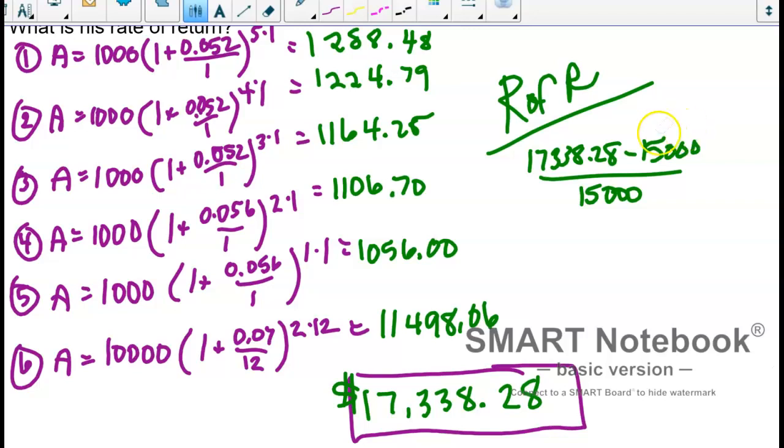So that would be $15,000 he's invested. If we take our total of the portfolio and subtract the invested amount, that would be the interest that he's gathered, divided by the invested amount, $15,000, and we multiply that, of course, by 100 to find the rate, and we find then that that is a 14% rate of return.